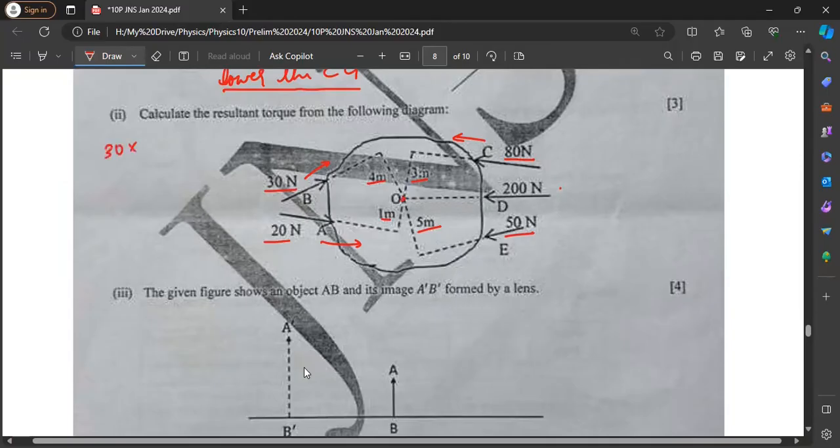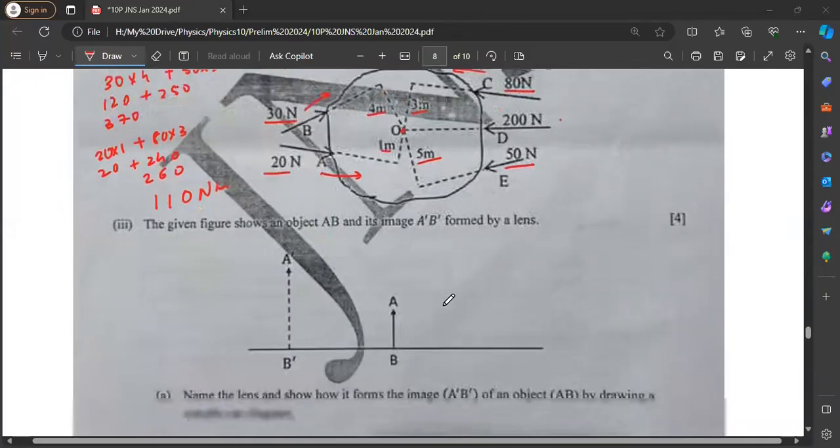Do you remember? 30 into 4 plus 50 into 5. So that will be 370. And here you have 20 into 1 plus 80 into 3. So 20 plus 260. So that will be 110 Newton meter clockwise. Okay.